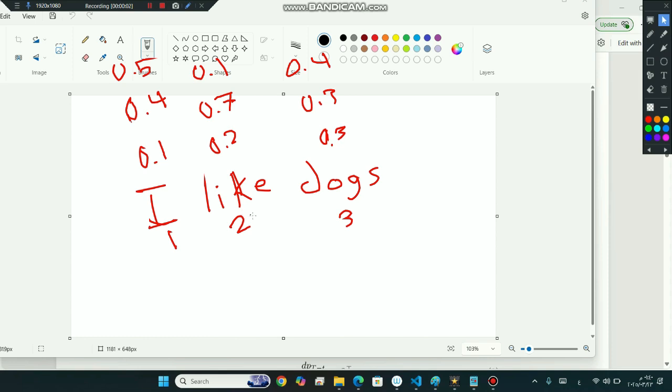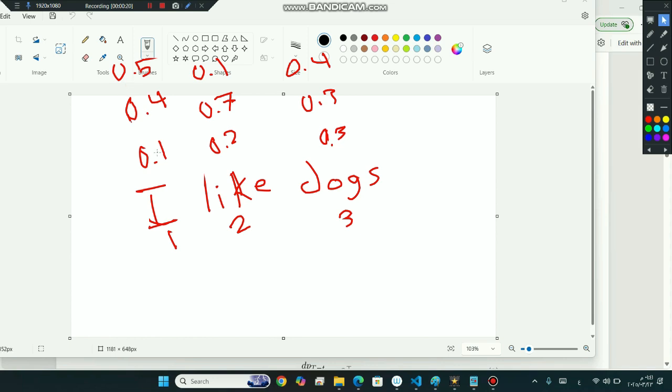And for example, we have a probability of 0.7 for the word like to appear at this slot from the sentence, and for example, a probability of 0.4 for the word dogs to appear at this slot of the sentence. So now, instead of trying to predict those probabilities directly, for example, giving the model the indices 1, 2, 3, and it will predict that those are the probabilities that we have over here.